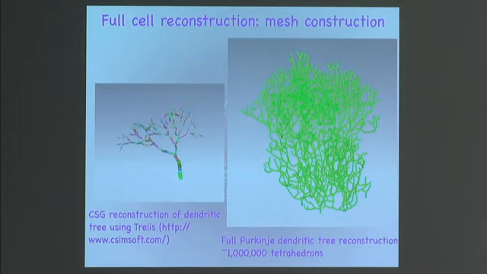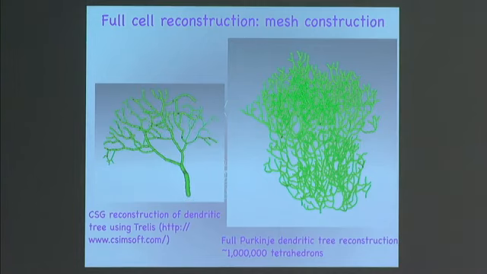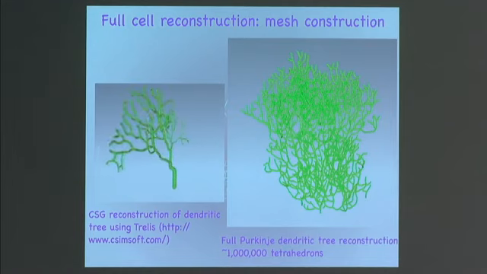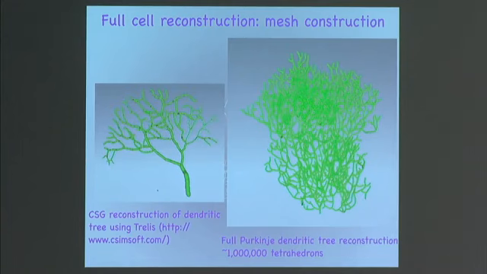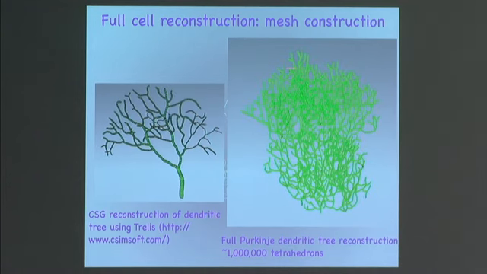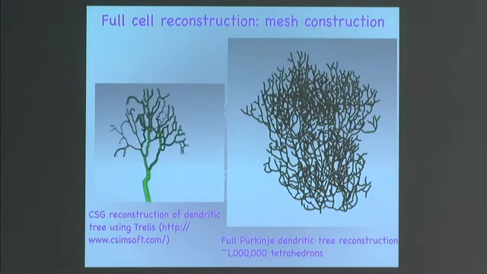For that we use a program called Trelis, which allows us to convert the reconstructions you find in the literature into these tetrahedral meshes. So this was the mesh we used before. This is now the mesh we're going to be using for this part. So this was 15%. This is the full cell without the cell body.